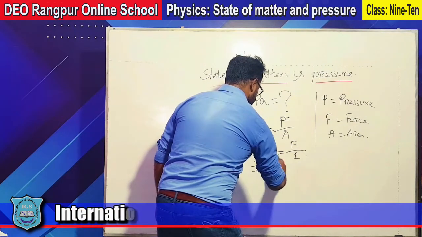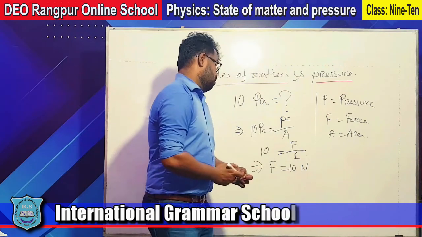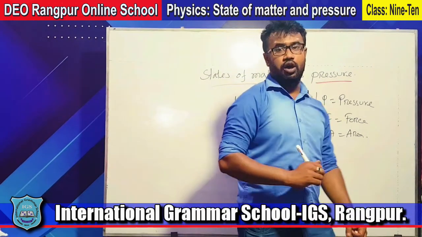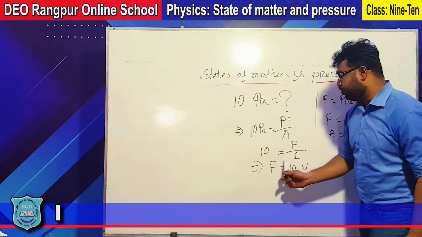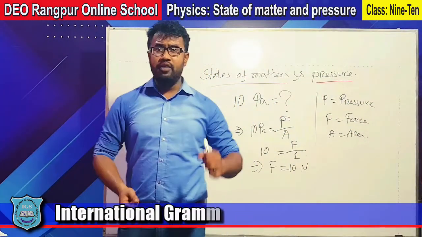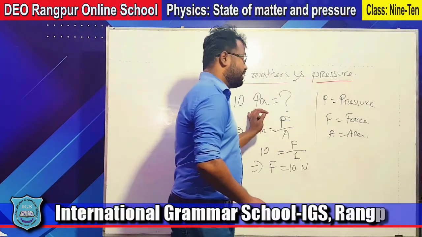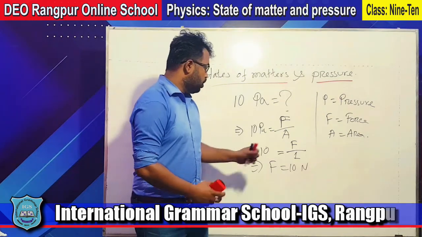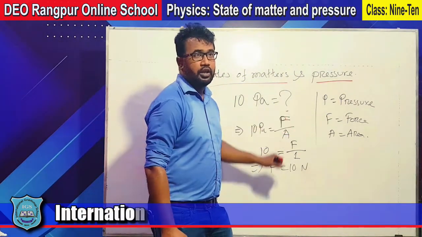That means F equals 10 Newton. What is it showing you? If we apply 10 Newton of force on a unit area, that means 1 meter square area, that will be 10 Pascal. So this is 10 Pascals.